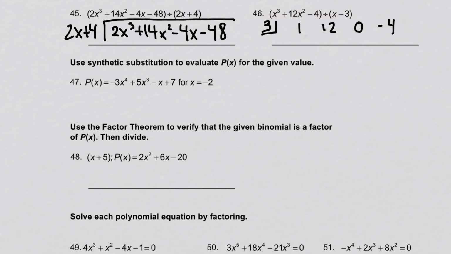Remember what I've been saying in class? If you're dividing by x minus 3, you're trying to check really if 3 is a solution, right? x minus 3 equals 0 gives you x equals 3. So you're dividing by 3 in this case, okay? And then you're going to use synthetic division to finish that off, right? Bring down the 1 and so on. Okay, work it out on your own.